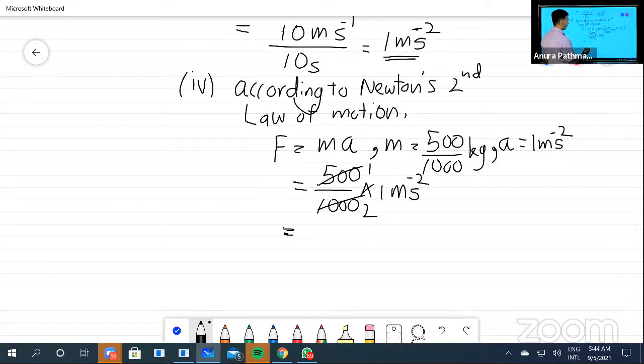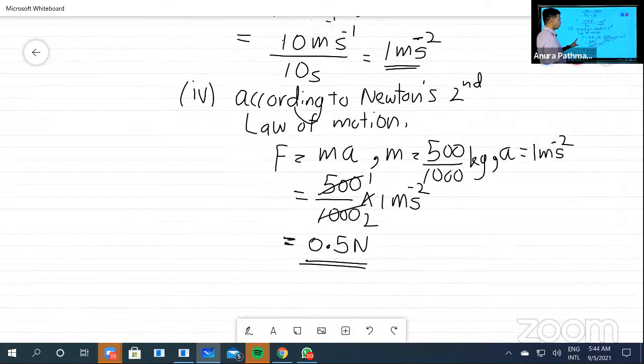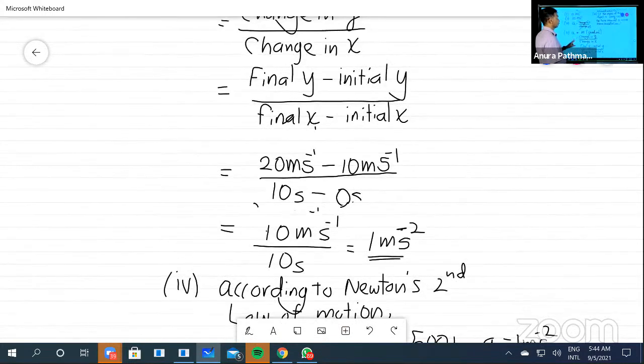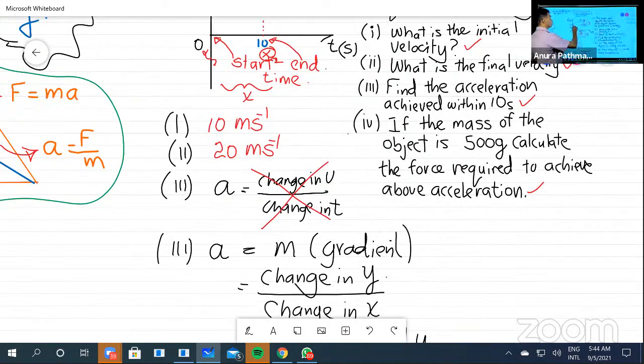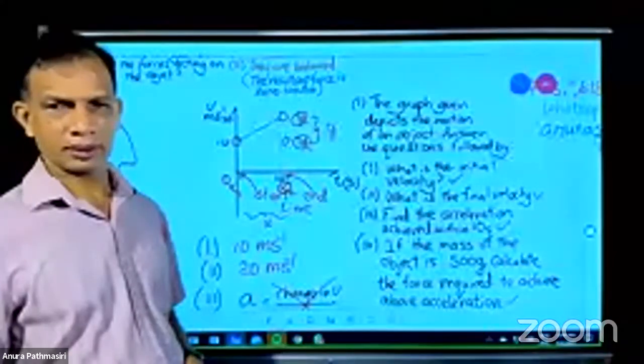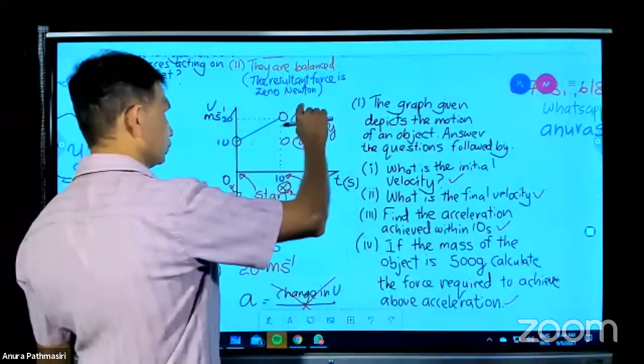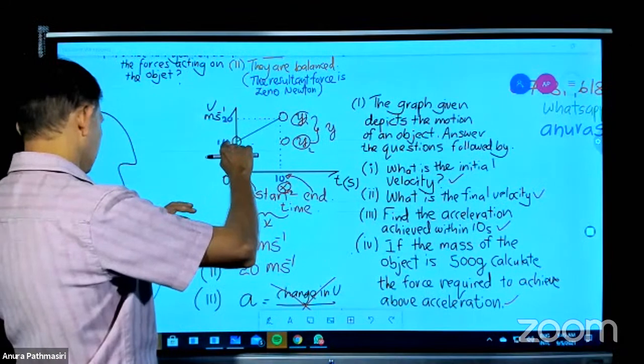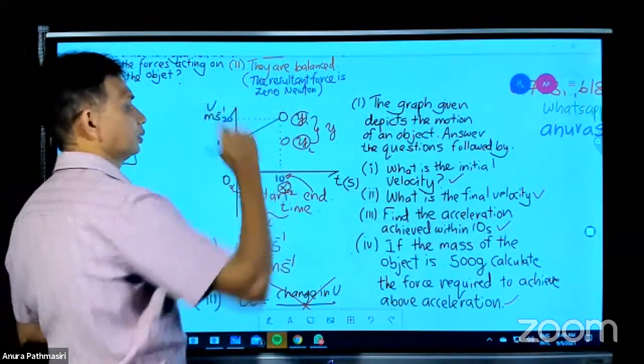So what's the answer? 0.5 Newton. 0.5 Newton force is required to increase that velocity from 10 meters per second to 20 meters per second, right?